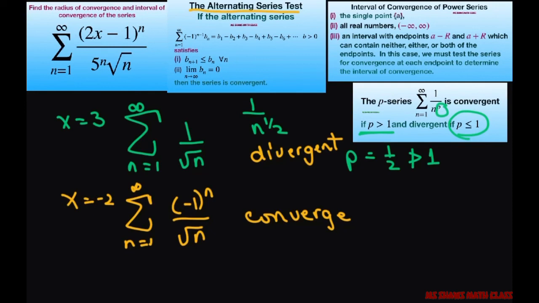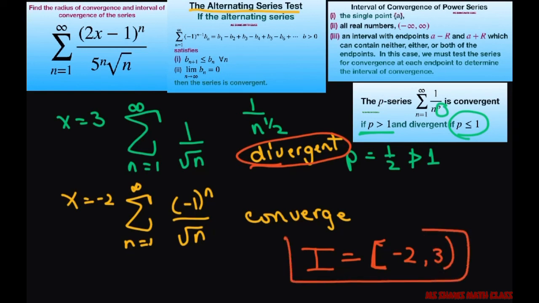Therefore, the interval of convergence is, for negative 2, it does converge, so we're going to put that as a closed interval. For the 3, it's divergent, so you use an open interval. So there's your interval of convergence.